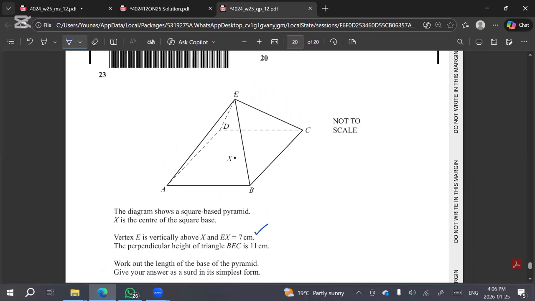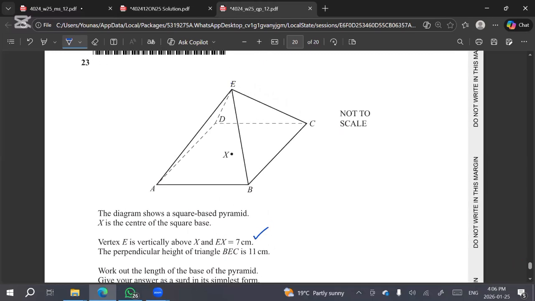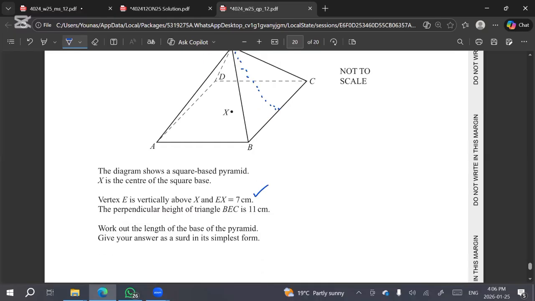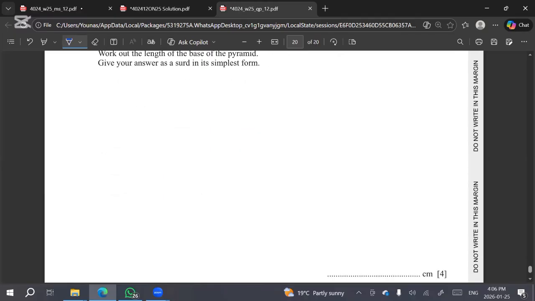Let me show you this height. This is basically 11. Work out the length of the base of the pyramid and give your answer as a surd in its simplest form. This carries 4 marks.